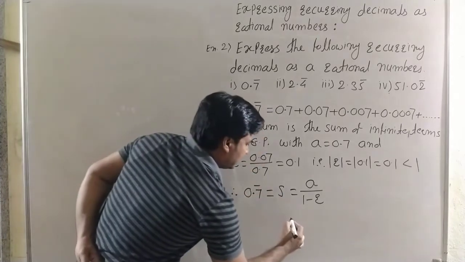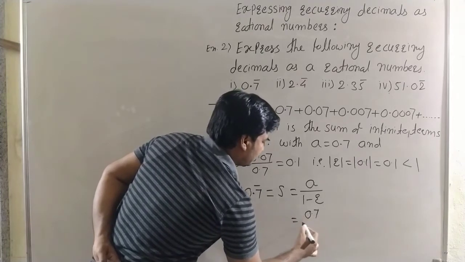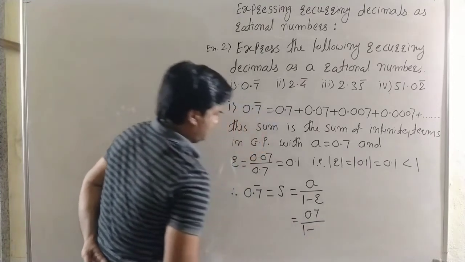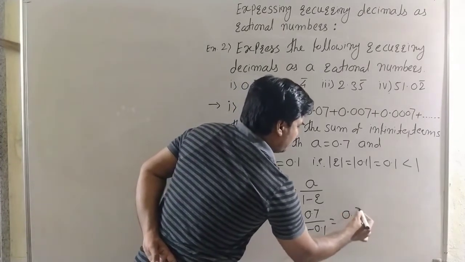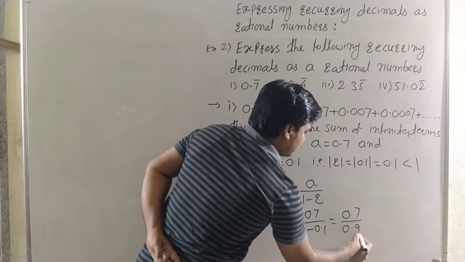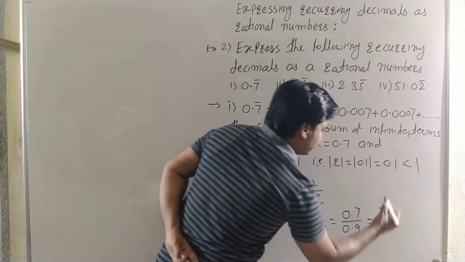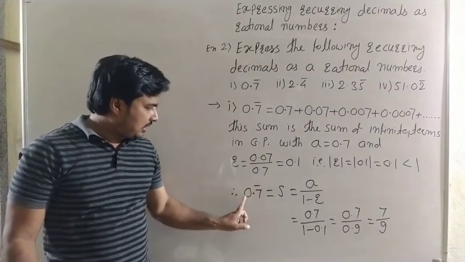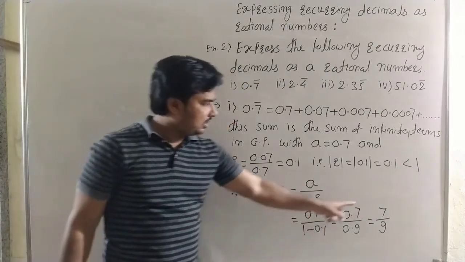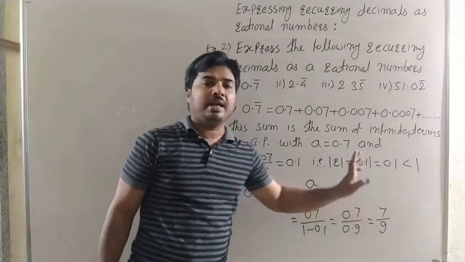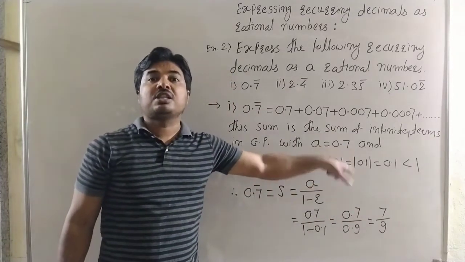Then the calculation is a, 0.7 upon 1 minus 0.1, that means 0.7 upon 0.9, and then it is 7 by 9. Okay, that means 0.7 bar, a recurring decimal, is converted into the rational number 7 by 9. See carefully, 0.7 bar you can write in the form of 7 by 9.